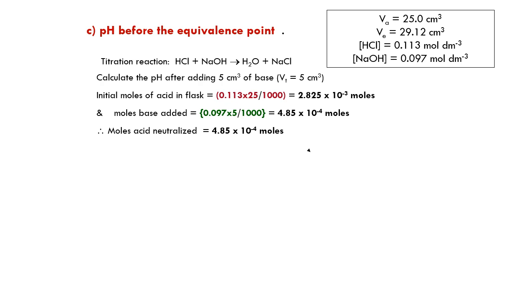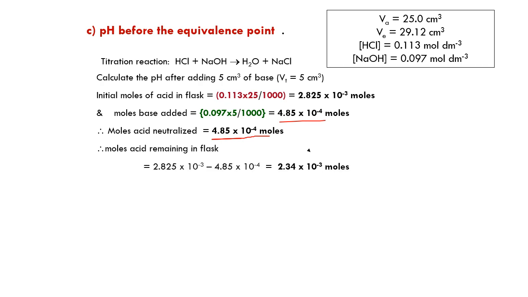If we only add 4.85 × 10⁻⁴ moles of base, we can only neutralize that number of moles of our acid, which means that we are going to have some of our acid left over in the flask. So we have neutralized a portion of the acid and some will be remaining.